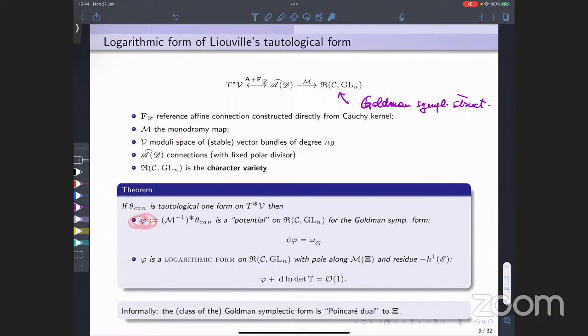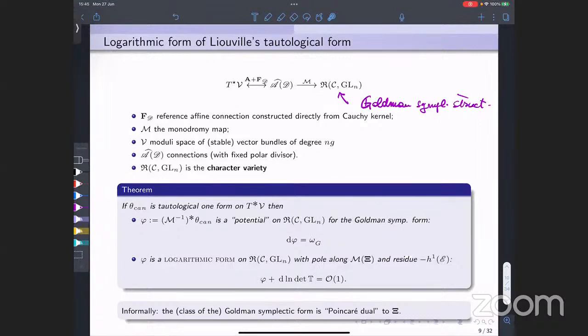But what I'm saying here is that this phi, defined by this push forward by the inverse monodromy map, is not holomorphic everywhere, it is a meromorphic object, okay?